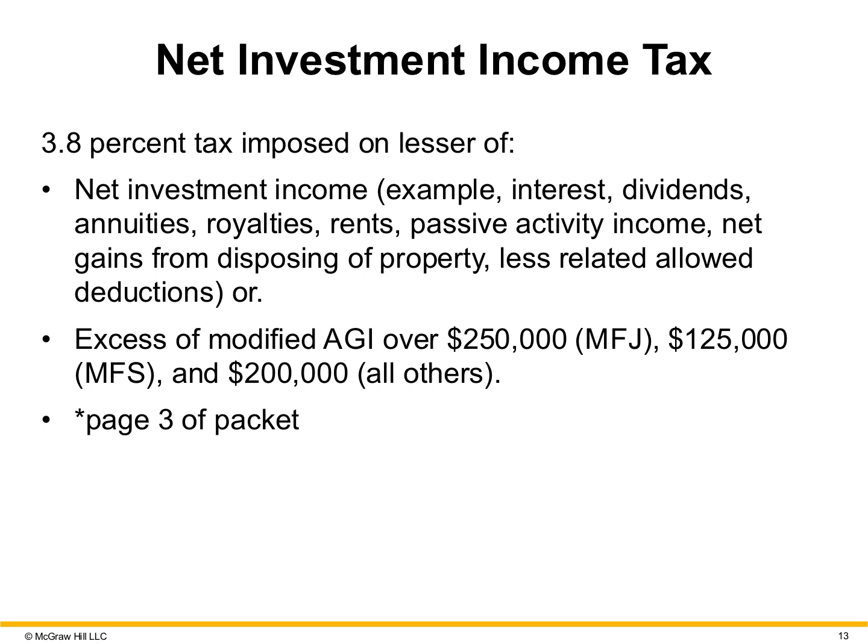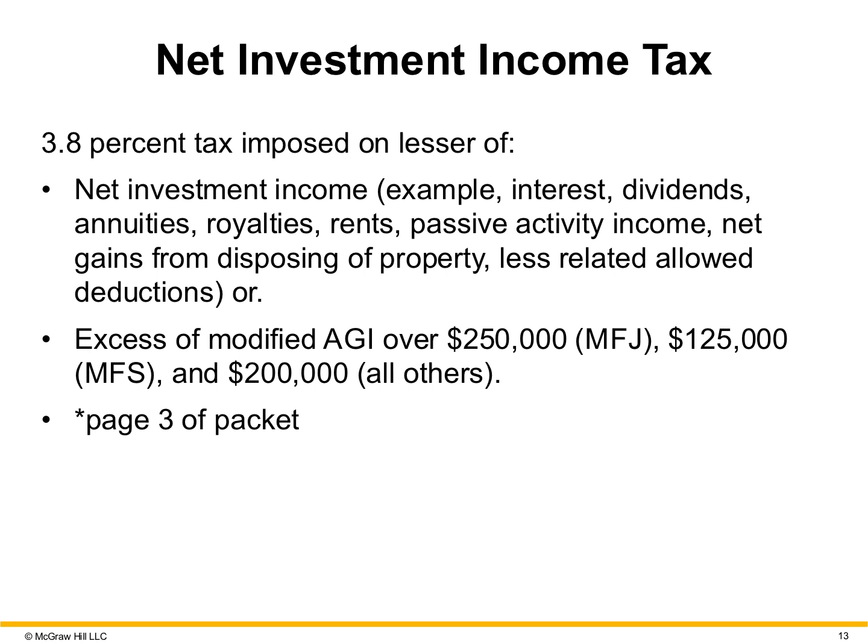Net investment income is defined as any interest, dividends, annuities, royalties, rents, passive income activity, and any net gains from property disposals. All of those are added together, minus any allowable deductions related to those items just listed.